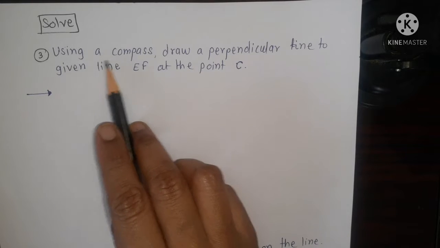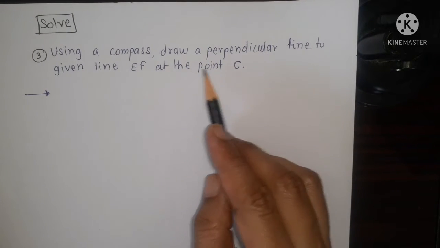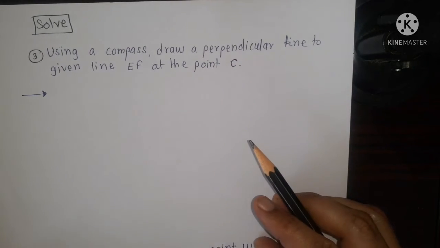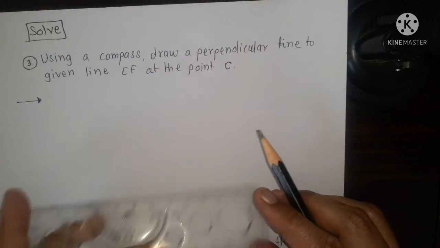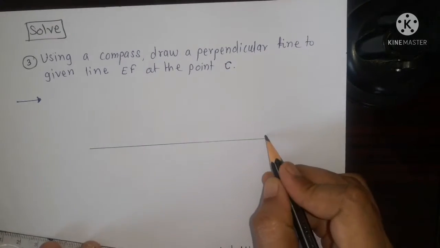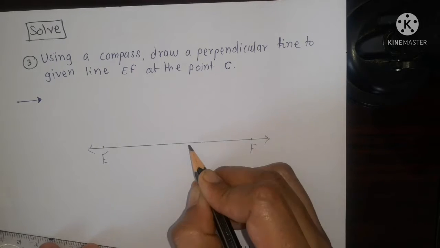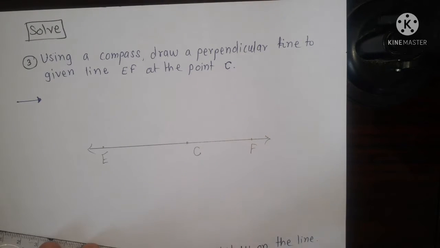Third question, using a compass, draw a perpendicular line to the given line EF at the point C. We are given a line EF and a point C on the line.